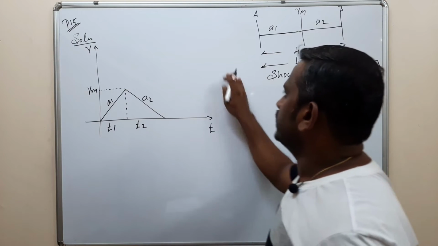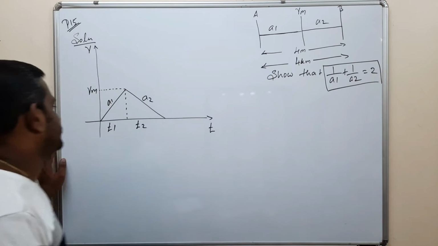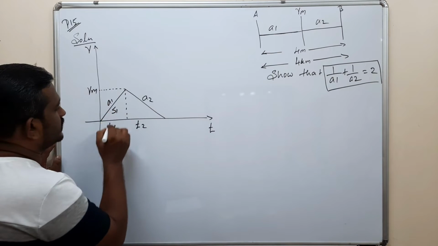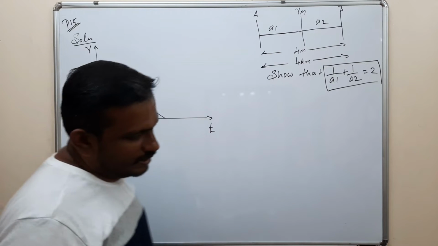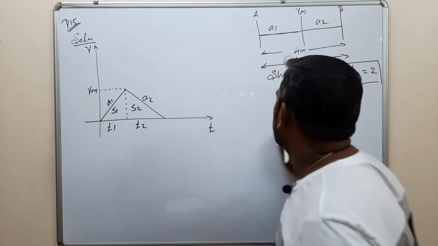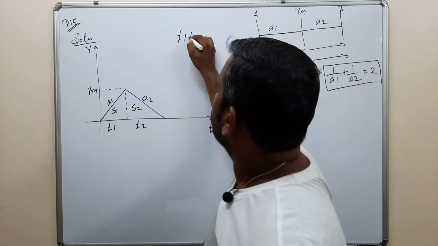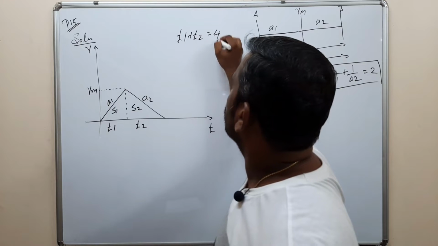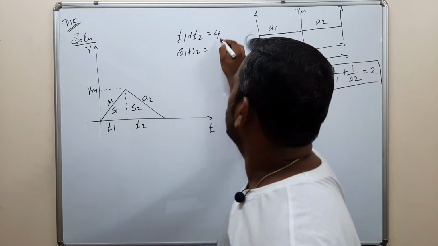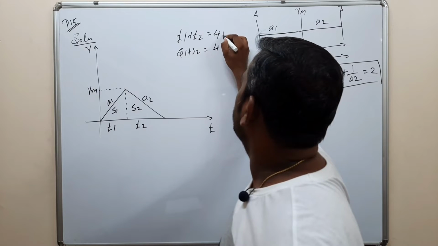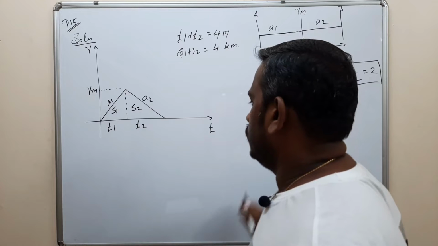Suppose S1 is the distance traveled in the first part and S2 is the distance traveled in the second part. We are given T1 plus T2 is equal to 4 minutes, and S1 plus S2 is equal to 4 kilometer.